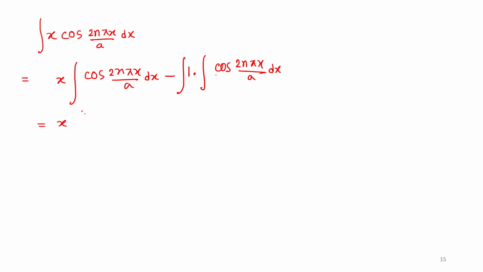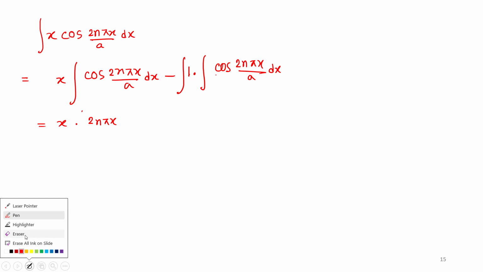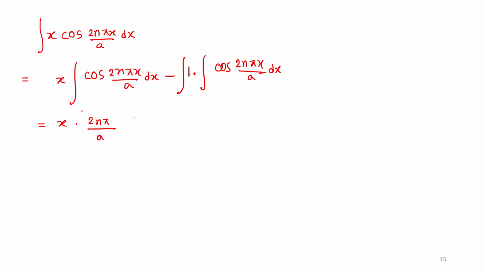So first, the integral of cos would lead to a by 2n pi sine 2n pi x by a, and the integration of this side would also lead to a by 2n pi sine 2n pi x by a dx.